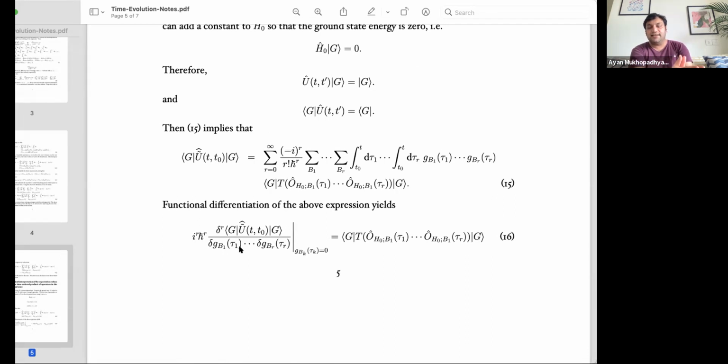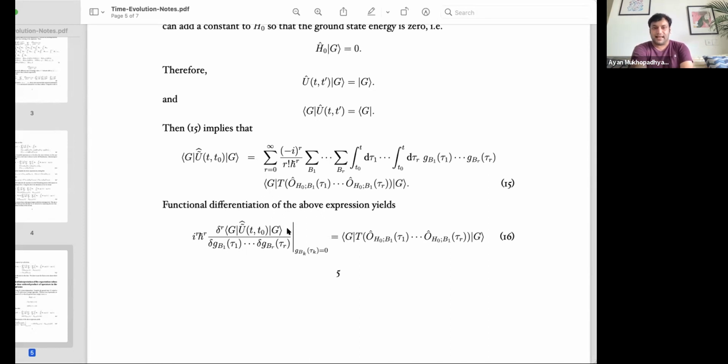I just use the usual Hamiltonian, but then I give short pulses, like delta function pulses, which couple to certain specific operators at certain times. And then after that, I see whether I can go back to the ground state or not.